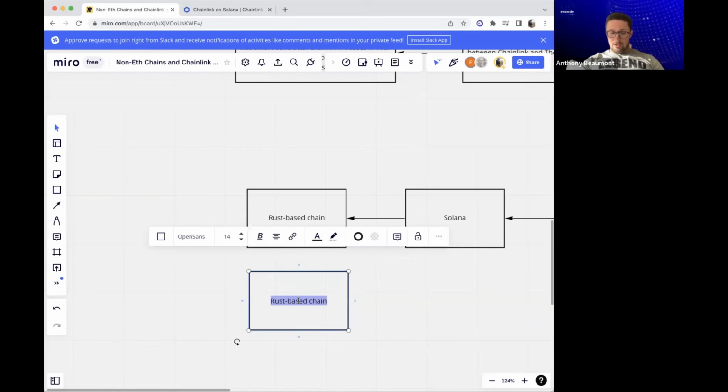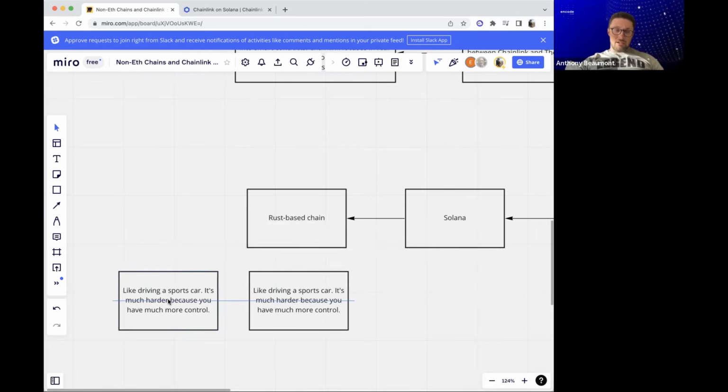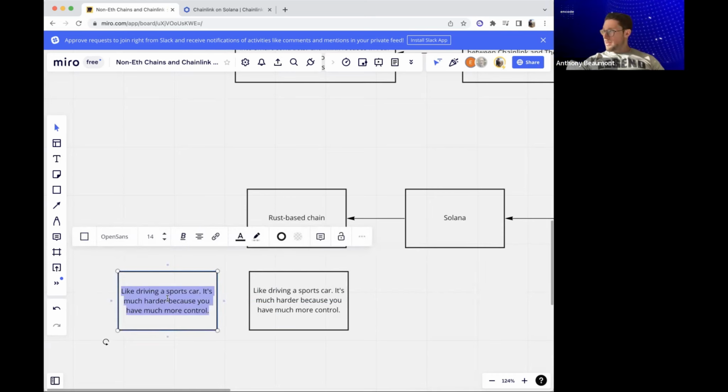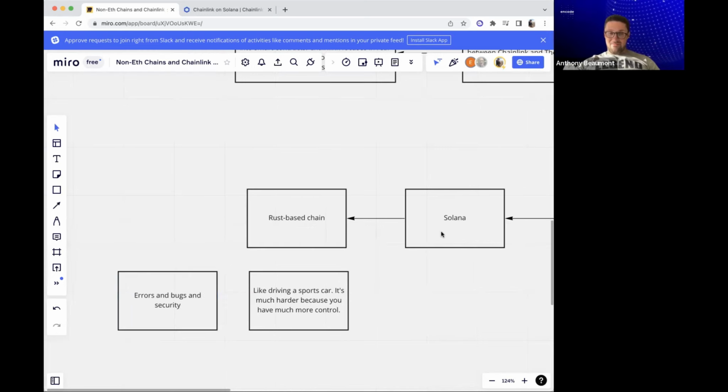Solana I would often describe as being like driving a sports car. It's much harder because you have much more control. Specifically, Solana encourages you to be very specific about the way you handle errors, bugs and security.